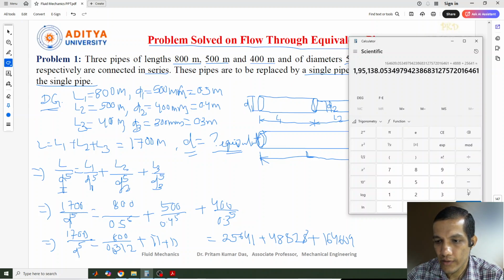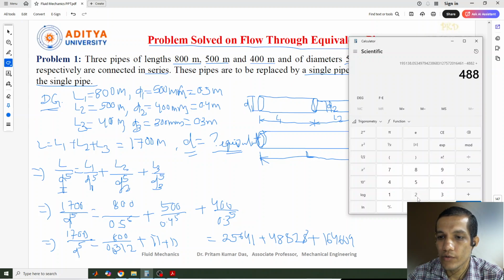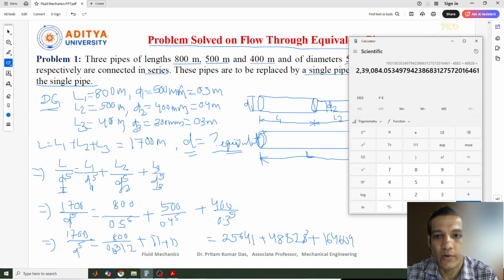Anyway, it is about 2,39,084. So now we need to find out the D^5 value.